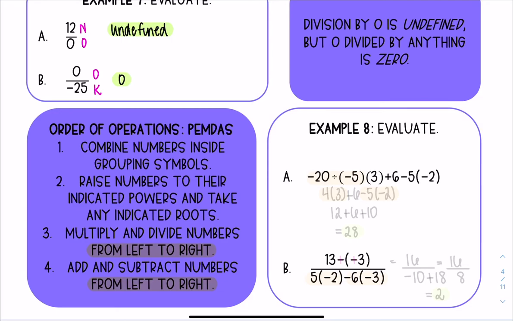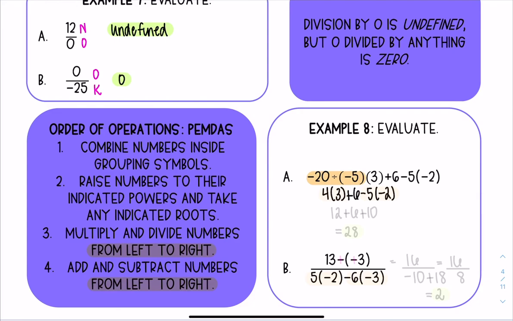So let's evaluate. We got negative 20 divided by negative 5 times 3 plus 6 minus 5 times negative 2. So the first thing is multiplication and division, because we don't have any grouping symbols and we don't have any powers. So the first thing is this division that's happening right here. Negative 20 divided by negative 5 is going to give me positive 4, and then I'm going to rewrite the rest. Times 3 plus 6 minus 5 times negative 2.